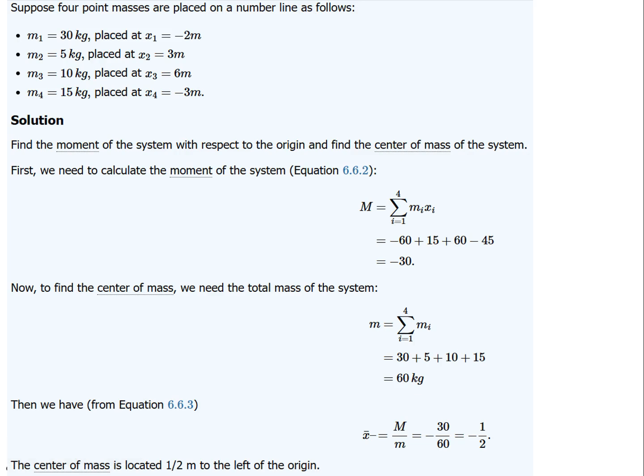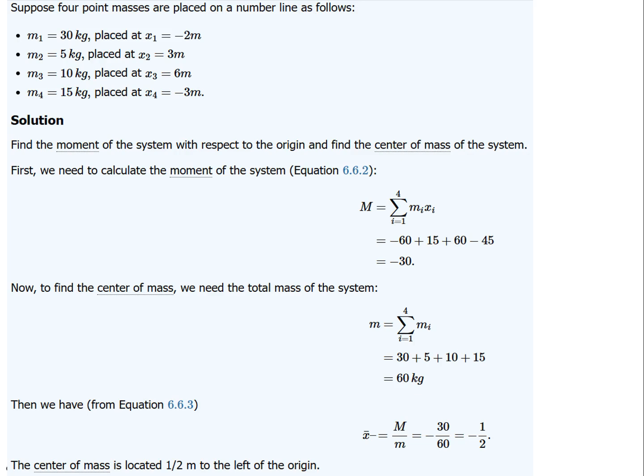In this case, we're just adding all the masses up. That's 60 kilograms. And then we simply divide the moment of the system by the total mass, and we get -1/2. That means that for this particular system, the center of mass is located 1/2 meter to the left of the origin.